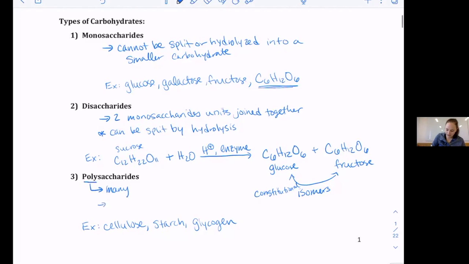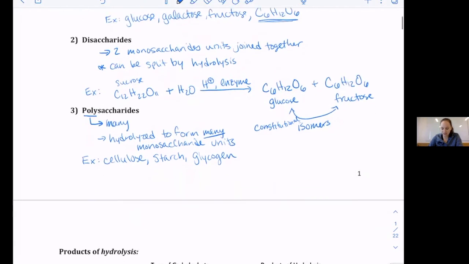These can be hydrolyzed to form many monosaccharide units. Examples of this are cellulose, starch, and glycogen, and we'll talk more specifically about those examples at the very end of this chapter.